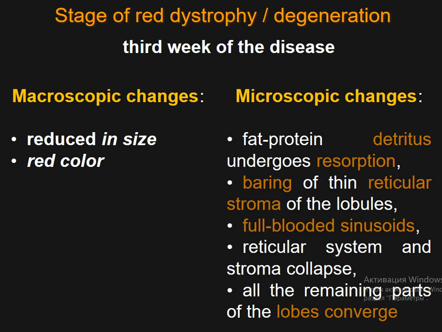Bearing of thin reticular stroma of the lobules happens, and we see well visible full-blooded sinusoids. And this congestion is related with this red color of liver in this stage of disease. Then reticular system and stroma collapse, and all the remaining parts of the lobes converge.